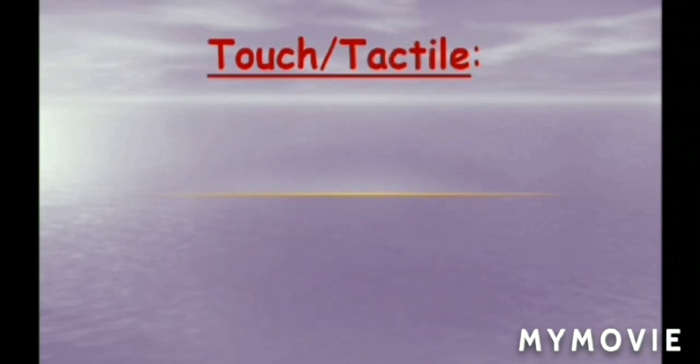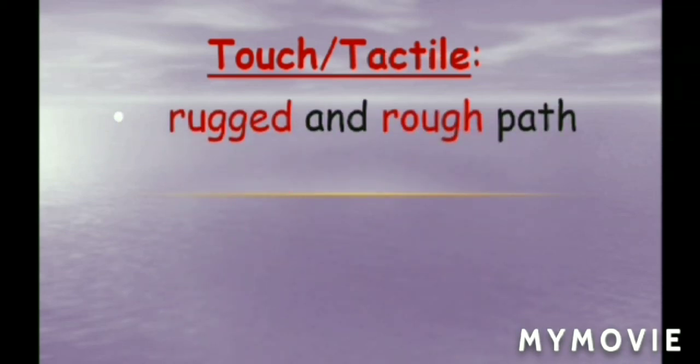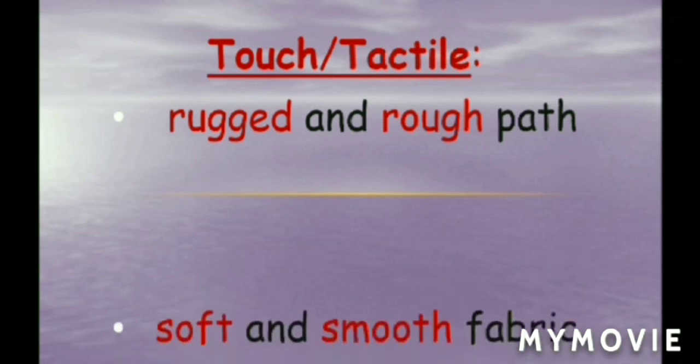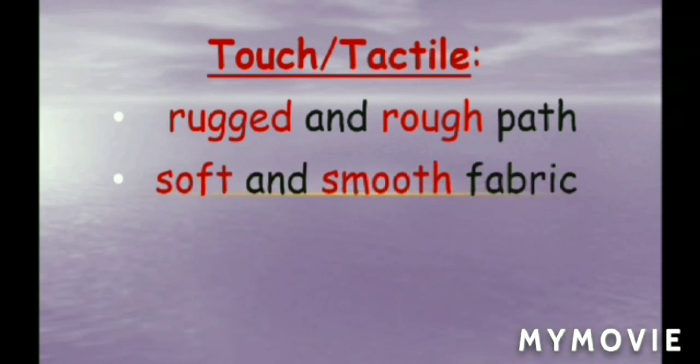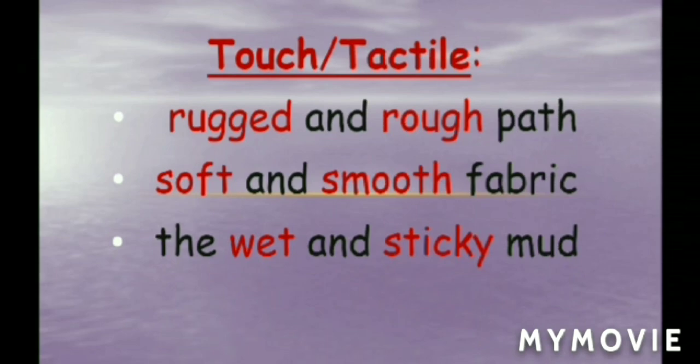The type of imagery that appeals to the sense of touch is tactile imagery. Example: rugged and rough path, soft and smooth fabric, the wet and sticky mud. Rugged, rough, soft, smooth, wet, and sticky are the examples of tactile imagery.